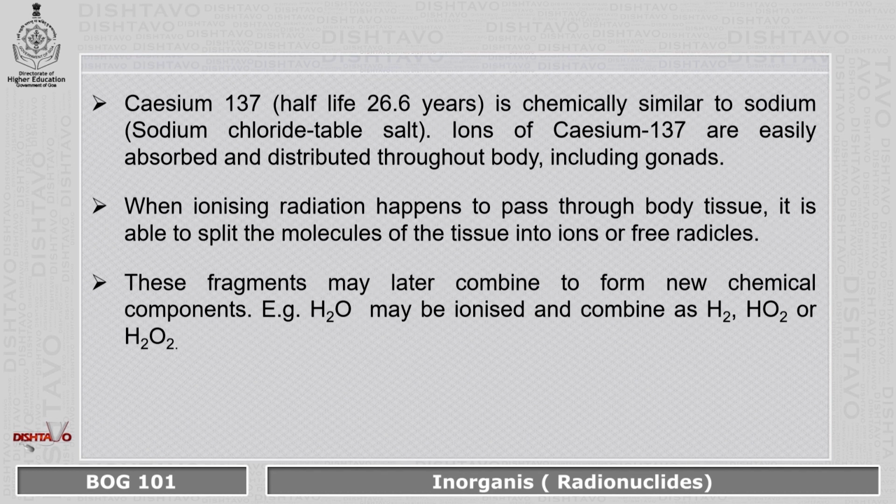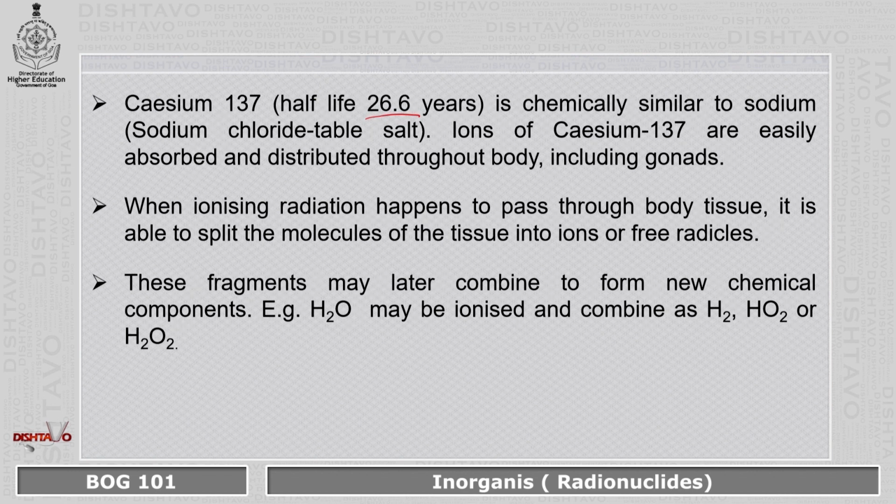Cesium 137 has half life of 26.6 years. It is chemically similar to common salt, that is sodium chloride. So ions of cesium 137 are easily absorbed in the body, and they are readily dispersed throughout the body, even gonads, causing genetic damage.